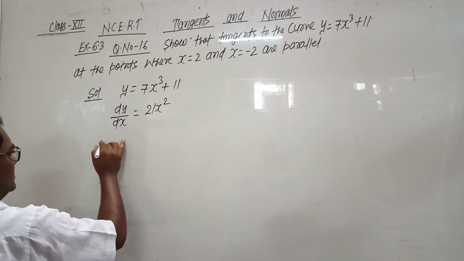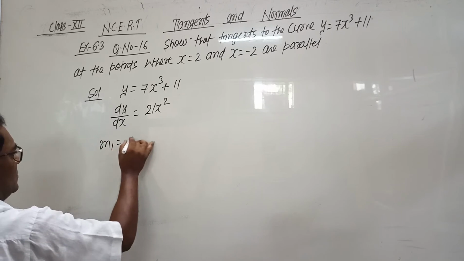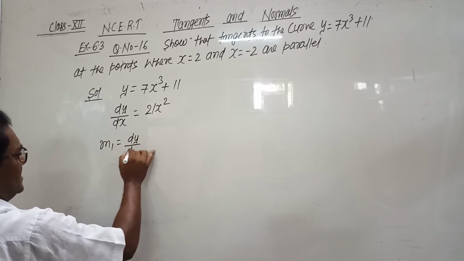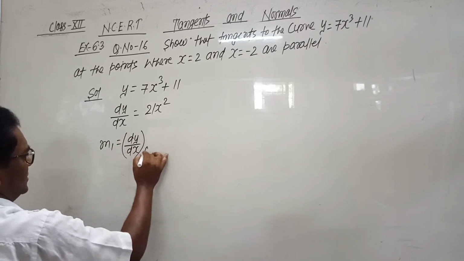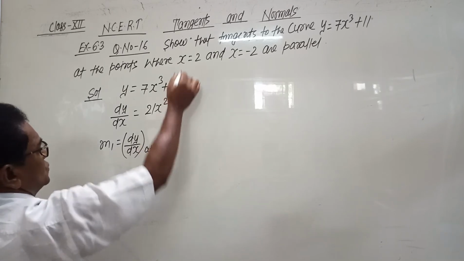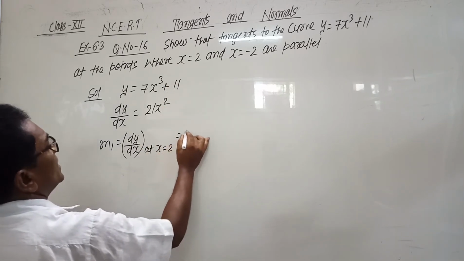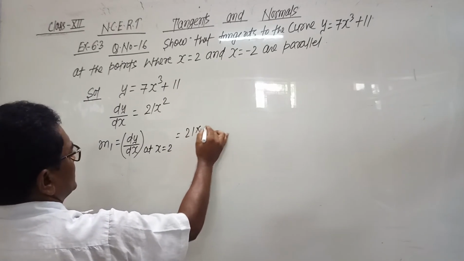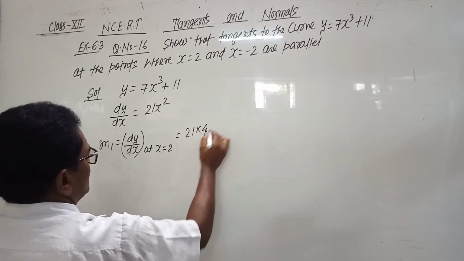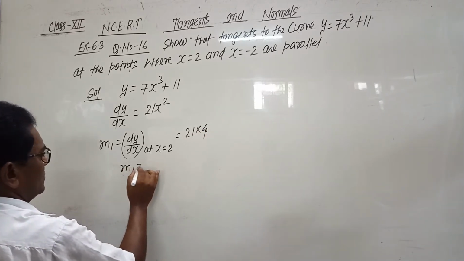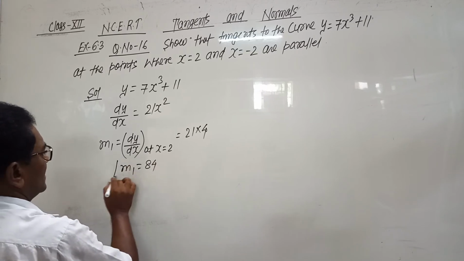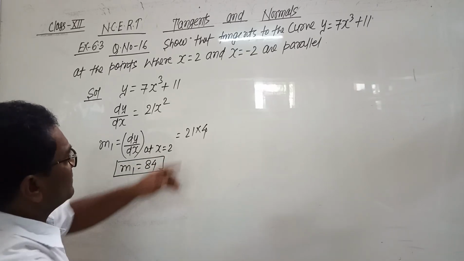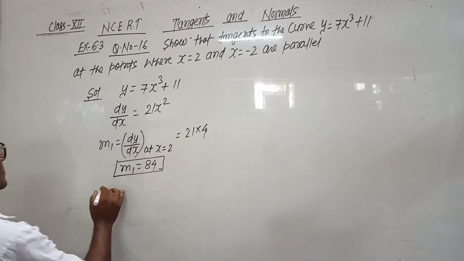Now we find slope m1 equals dy by dx at x equals 2. So 21 into 2 square, 4, this comes to be m1 equals 84. And then we find the slope at x equals minus 2.